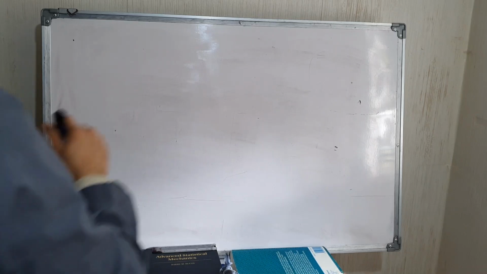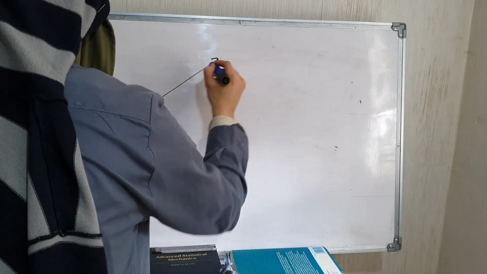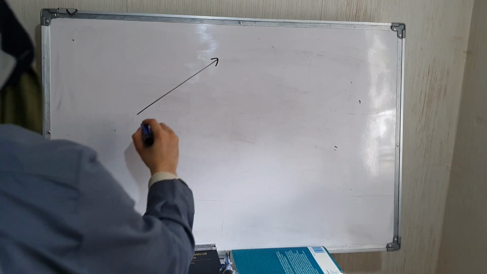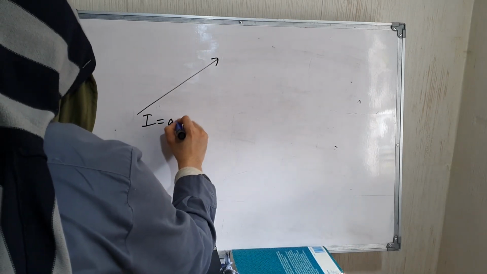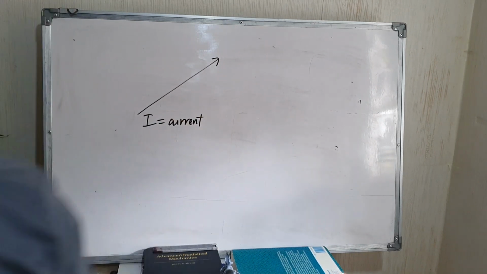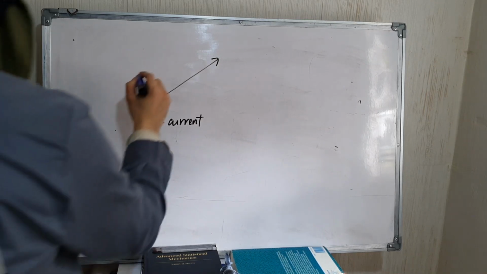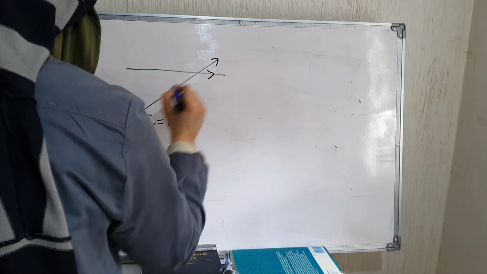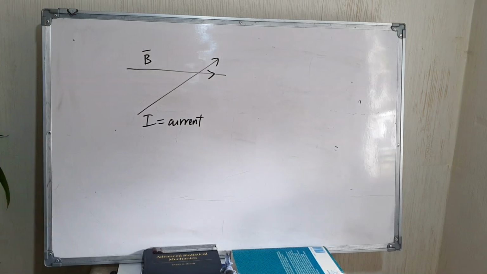All right, now we're moving into year 13 content. So if we expand on B, now suppose that this is the current and the field is going this way. This is the magnetic field.